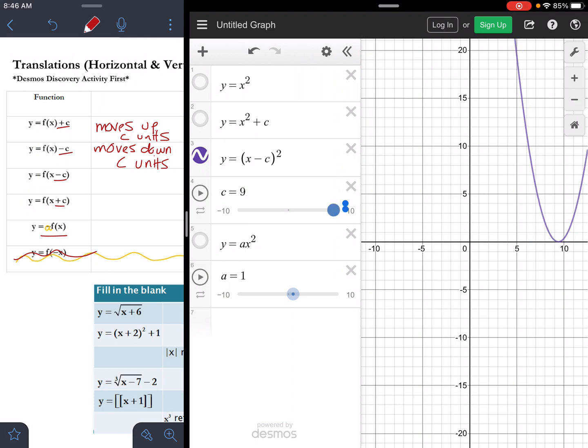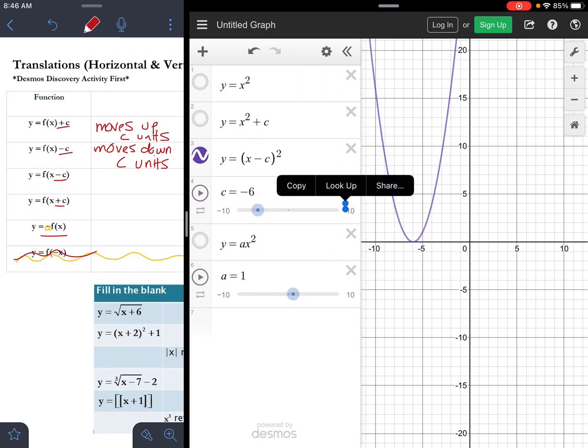Versus this, take a look here, if I start back at 0, right there, and I do x minus negative 4, minus negative 6, let's say, now I am left 6, but notice that's actually x minus negative 6, which is x plus 6 squared. So that's going to be left 6, left 10, etc. So it's just shifting left and right.